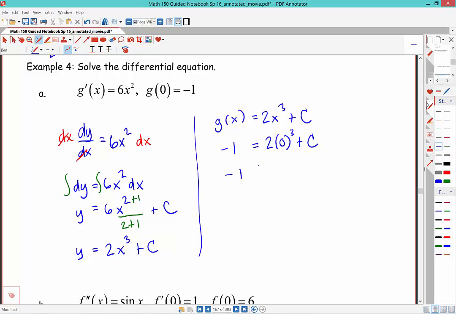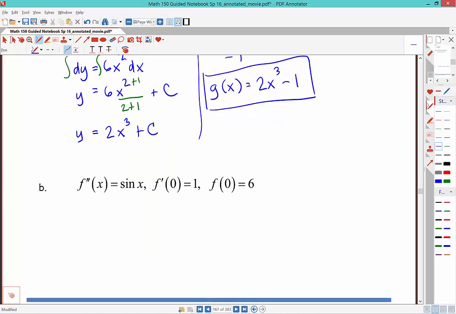So -1 is your c. So now writing our function, g of x is equal to 2x cubed minus 1. All right? Groovy.